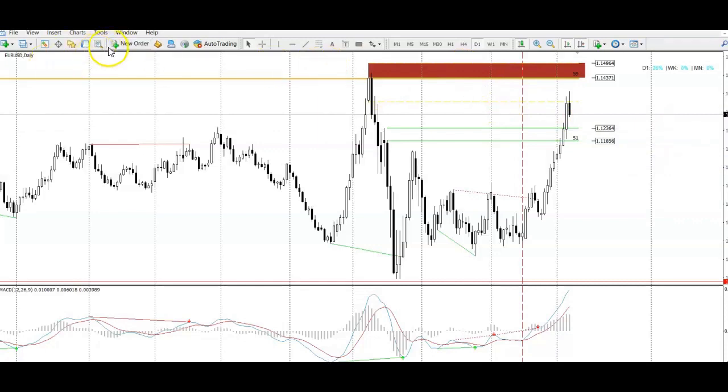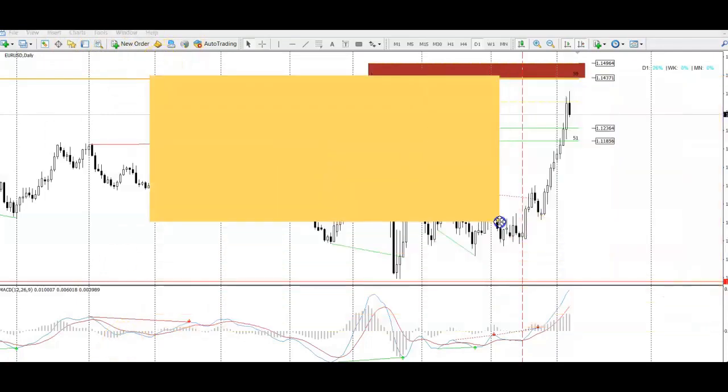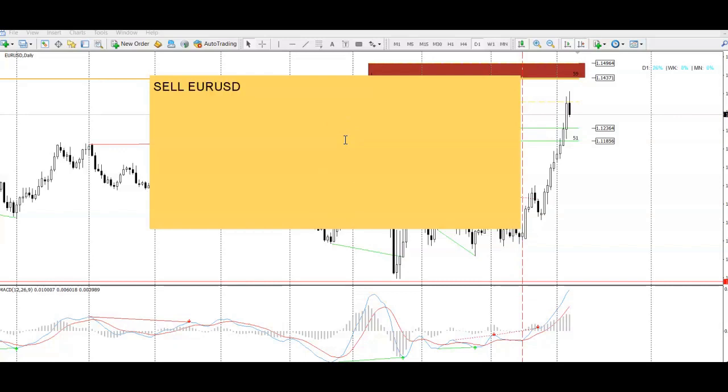So 1.144. I'll type this in for you. Sell Euro USD at 1.144.